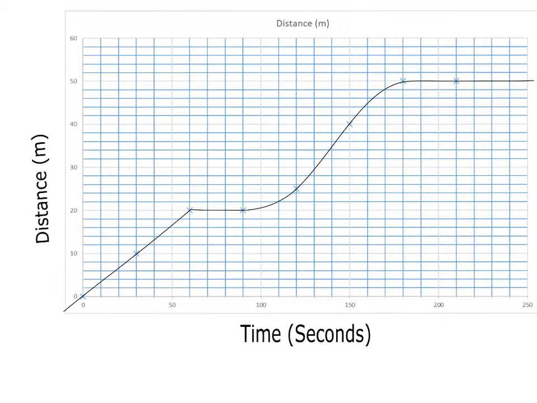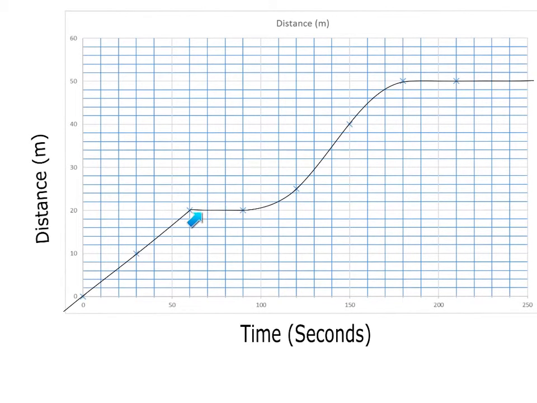So let's interpret a slightly more complex graph, but with the same idea. As you know, the first thing to notice is that this is a distance time graph, and the gradient gives you information about the speed. As you can see, from the start up to 60 seconds, it's having no change in speed. It's a steady speed. Remember, a straight line means steady speed in a distance time graph.